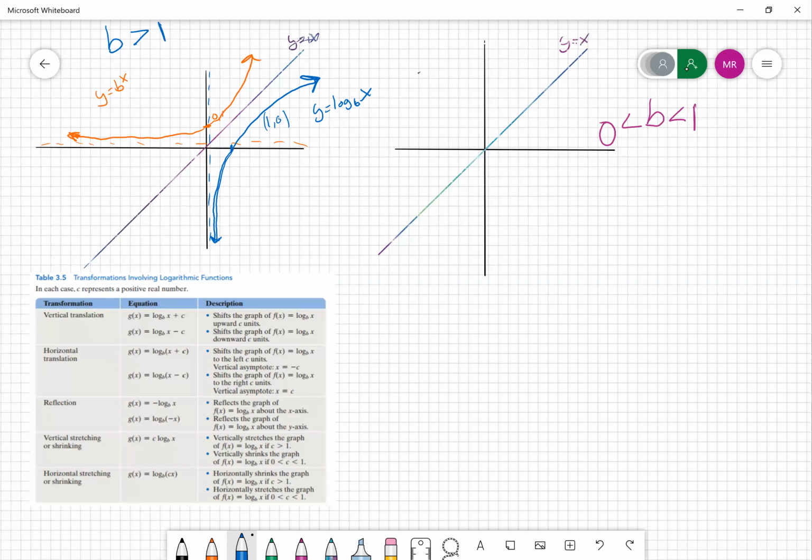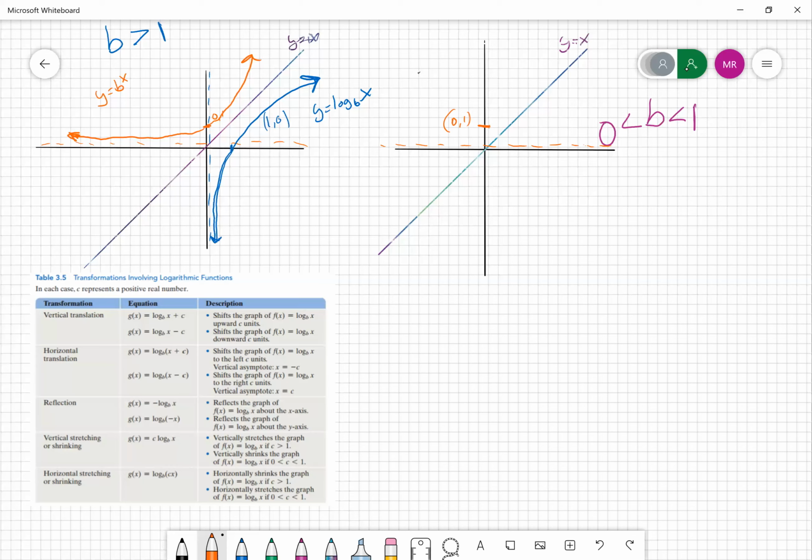Now let's take a look at the exponential pattern when your base b is between 0 and 1, so when it's a fraction or a decimal. It still hits the point (0, 1), and it still has the horizontal asymptote of the x-axis.